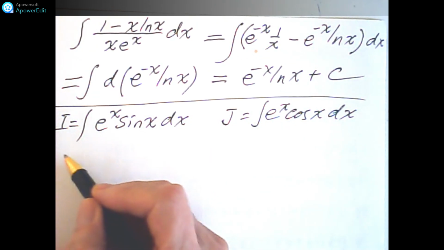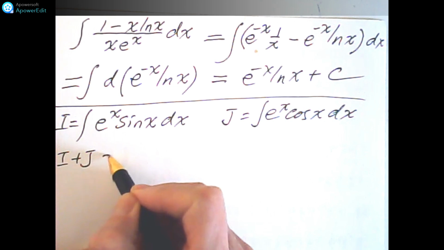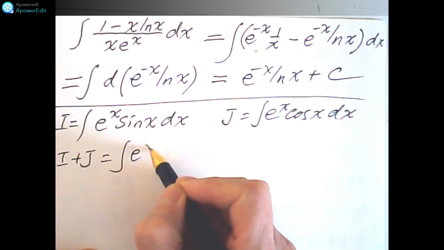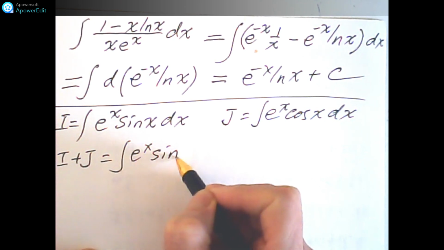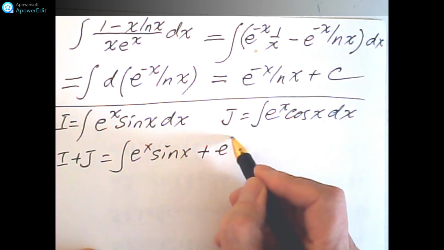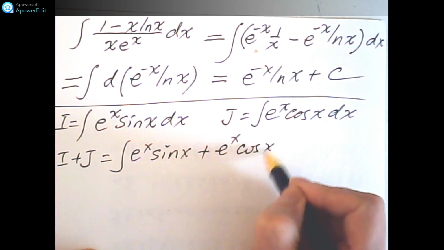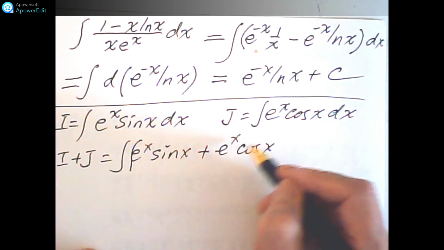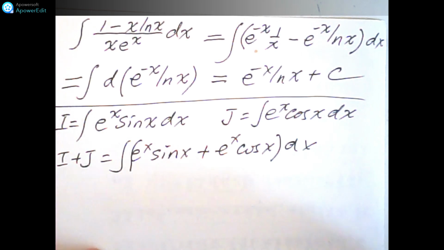Now, then I plus J is equal to e to the x times sine x plus e to the x times cosine x dx, right?